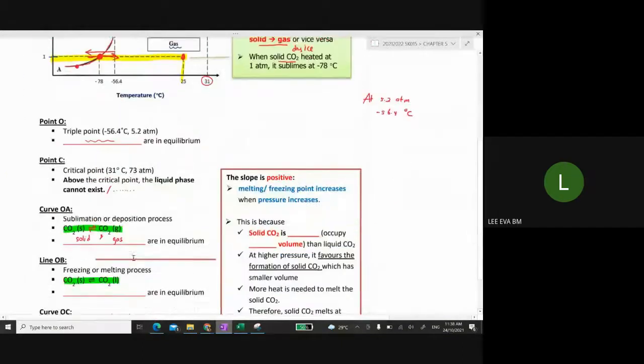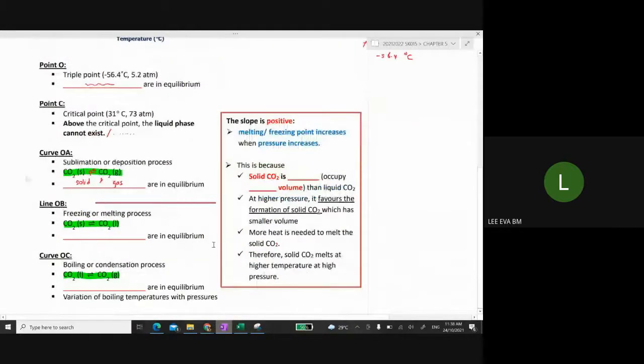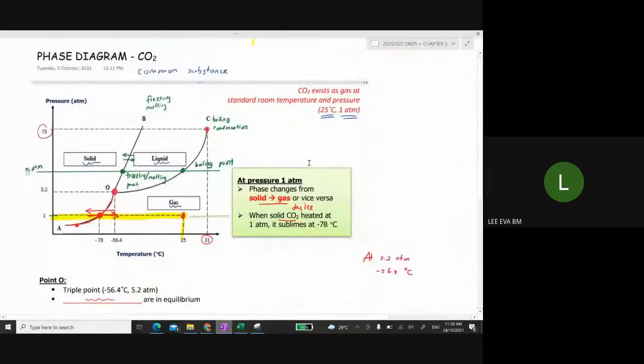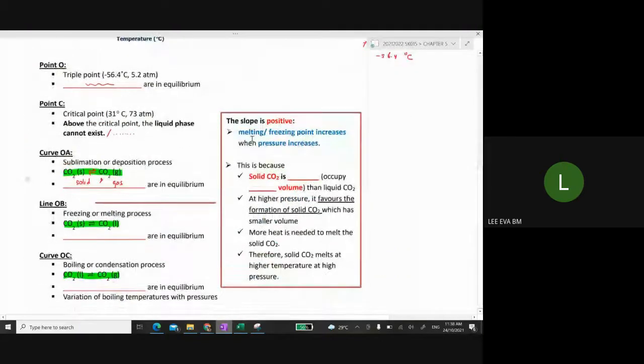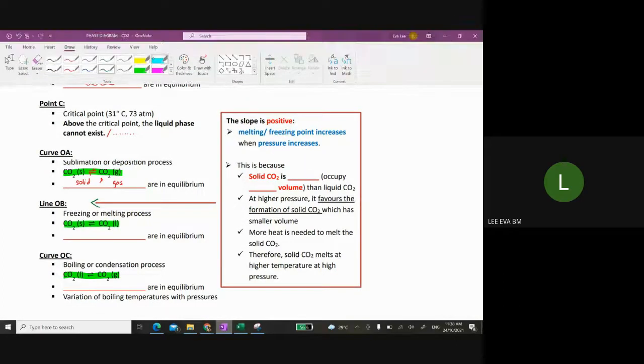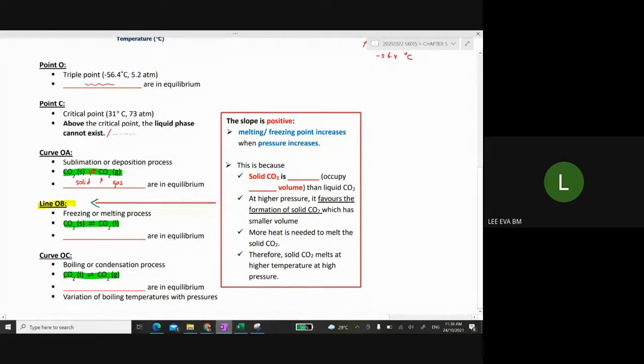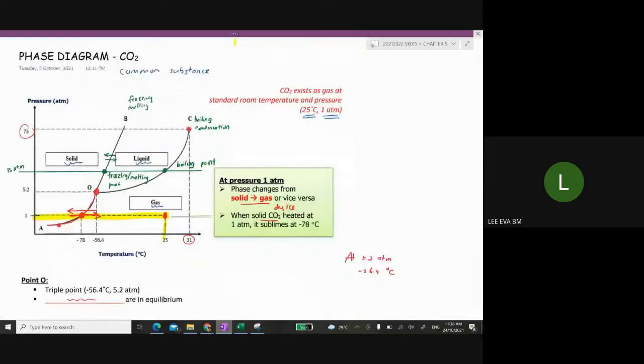Okay, so we proceed to the slope of this phase diagram. Which is the last slope that we want to proceed with over here? If you look at this red box, we refer to the line OB. Here you can highlight it in your notes, line OB. You have a positive slope. So let's look back at your phase diagram.